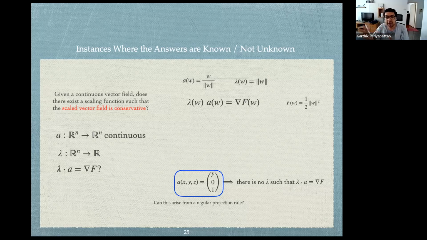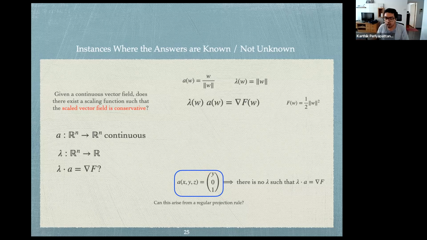We cannot choose some arbitrary continuous vector field, because a vector field which we choose arbitrarily may not be arising from a regular projection rule. So we have to be very careful when we choose the A. But certainly there is this counterexample. We don't know whether this kind of A can come from a regular projection rule, because a regular projection rule implies a continuous A. That much we know.